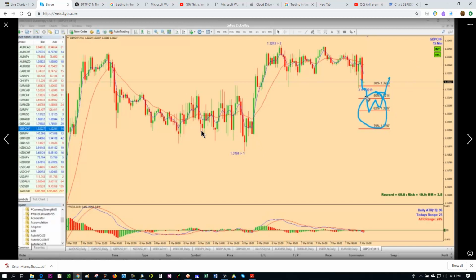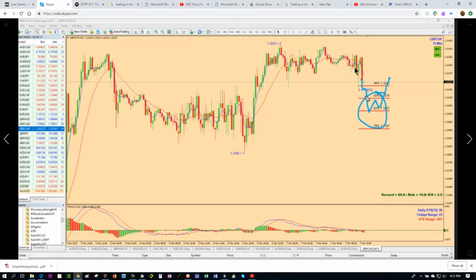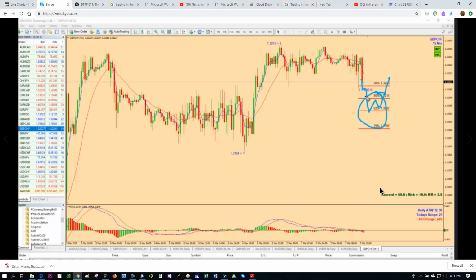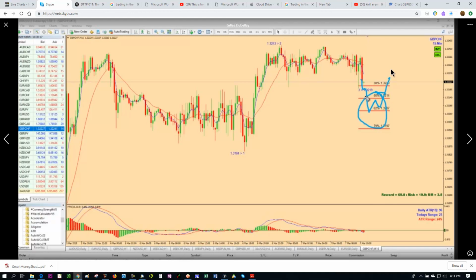So how can I come down to a 15-minute chart and do this and be confident that we're going to get a 1, 2, 3 bottom to continue this trend? Well, let's take a look and see. This is the chart on the 15-minute time frame. This is all we had to go with in order to make a determination of whether this is going to continue going down or bounce.